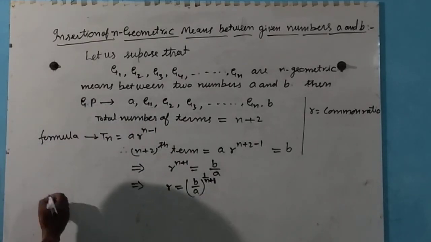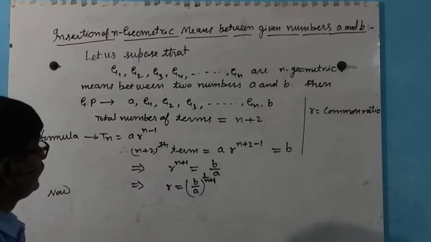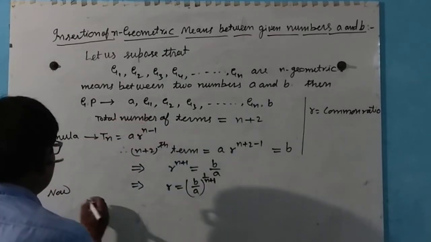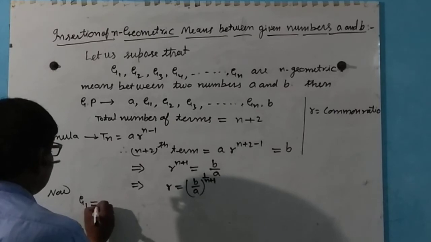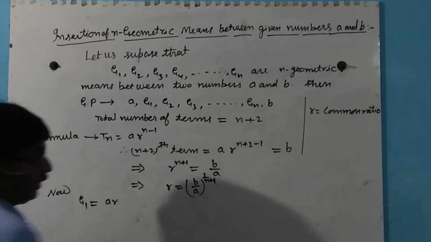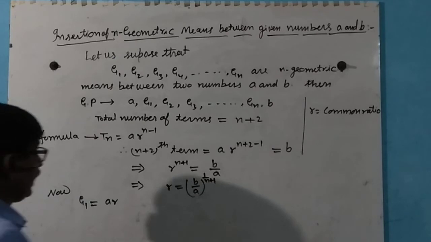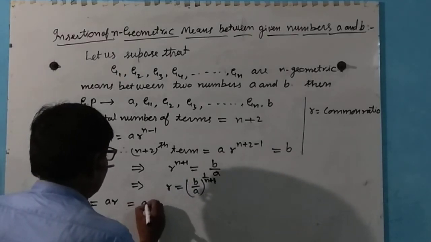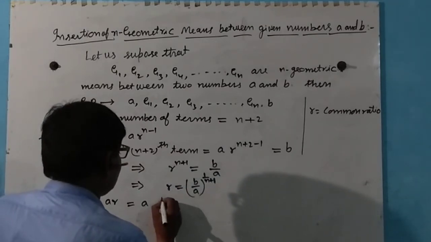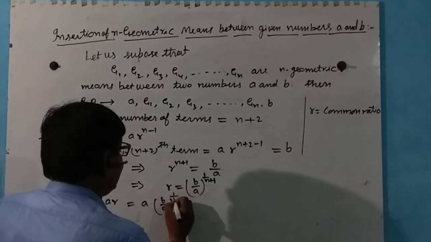Now putting the value of r, we get G1 equal to A r, where r equal to B by A to the power 1 by n plus 1.